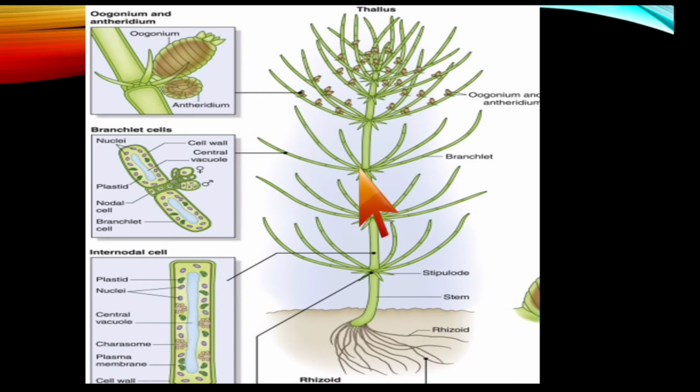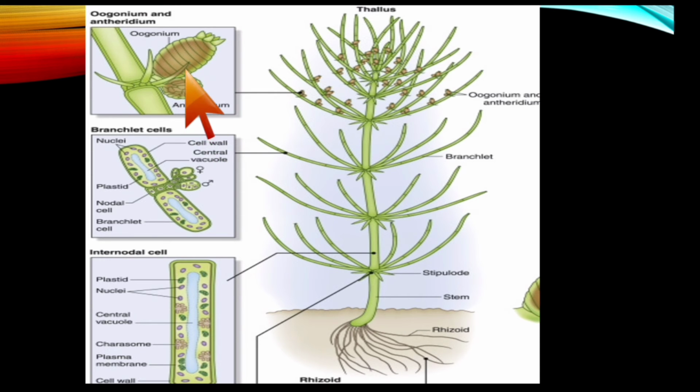That is the differentiation of the axis into nodes and internodes. These are the nodes, and the space between the nodes is referred to as internodes. So this differentiation of the axis into nodes and internodes, then the apical growth, and also a great elaboration of the sexual reproductive organs, that is the nucleus and the globule.